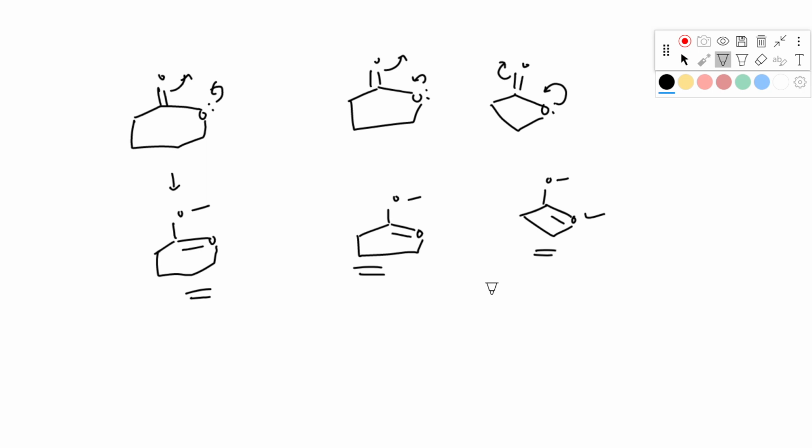The strain is very high here, so it is not easy to get this product compared to this one. We can easily get this product because strain is less, so the single bond nature is very high in the product. When single bond is there, the stretching frequency is less. So the carbonyl stretching frequency is very high at 3 compared to 2, and 2 compared to 1, right?